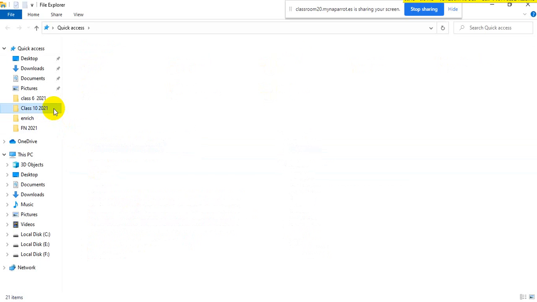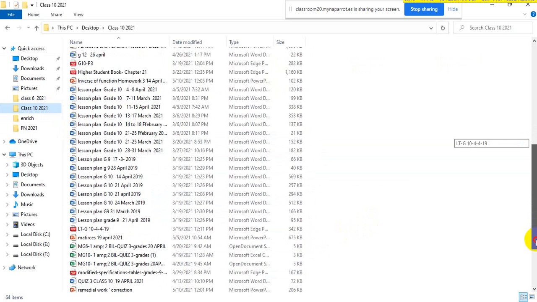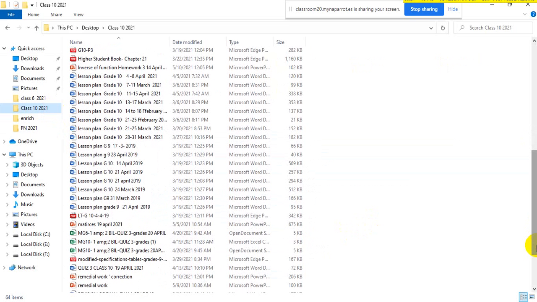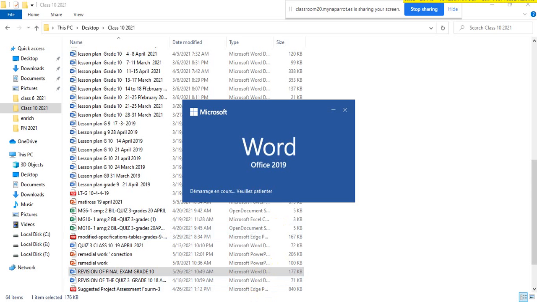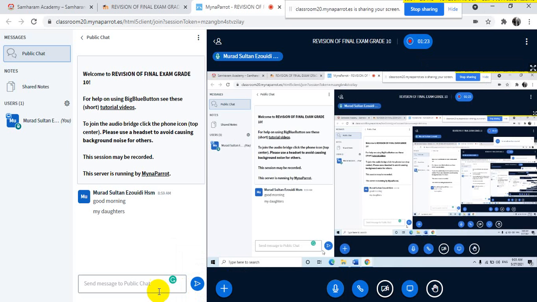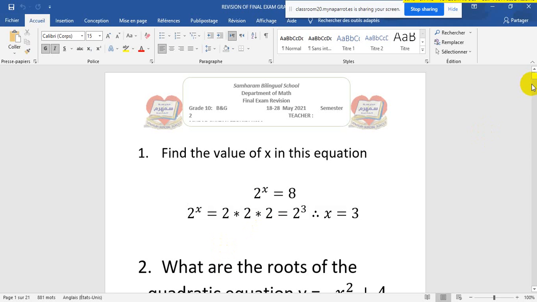Now we'll continue the revision of math, of course, for grade 10. Okay, this one. So we told that the question is, which question?